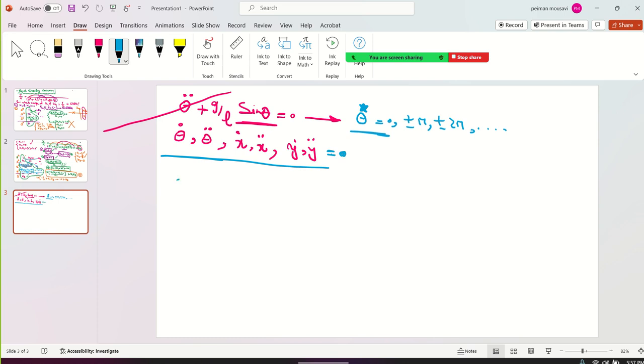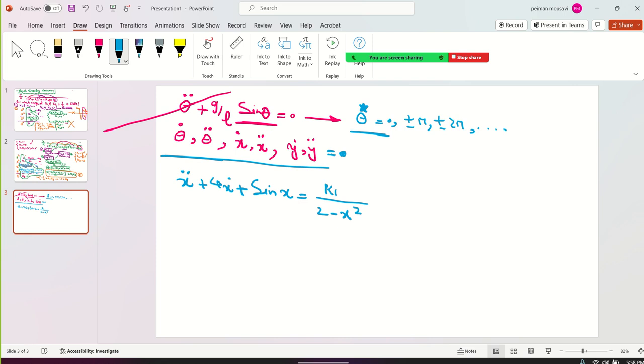For example, if your system is x double dot plus 4x dot plus sine of x equal to, I don't know, k1 divided by 2 minus x, or x squared, say. I'm going to make it complex because I want to expose you to such a problem.